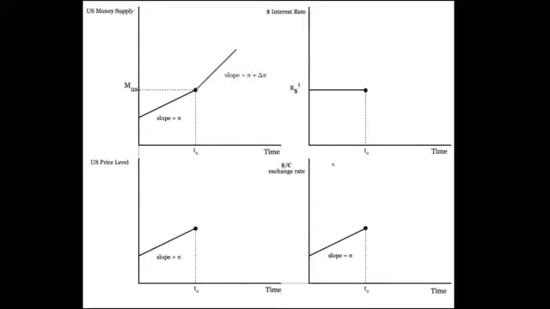So you have to realize that individuals who are in the market for securities are going to be looking at dollar-denominated securities and euro-denominated securities. So what's going to occur is, if there's going to be an anticipated depreciation of the dollar because of this change in the growth rate of the money supply, the interest rate is going to have to increase to compensate for the depreciation of the dollar. So in order to get individuals to purchase those securities, the dollar-denominated securities are going to be lower in value relative to the euro due to the fact that the money supply is increasing in the United States and the euro money supply is going to remain constant.